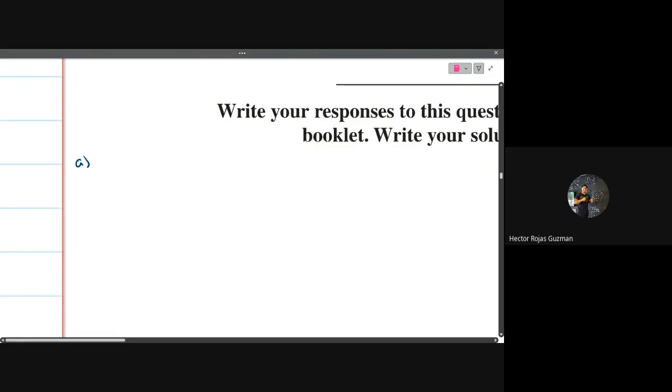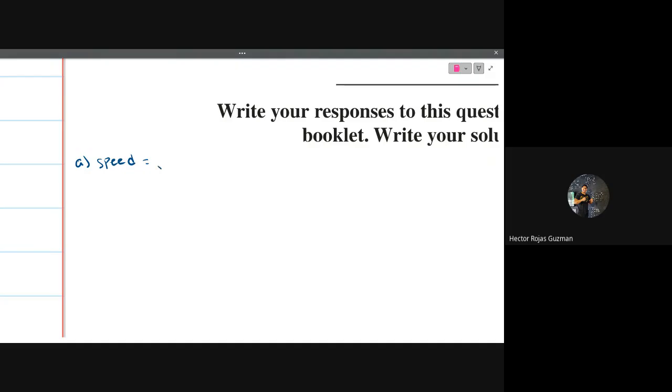So the speed of the particle, well, that's just given by the square root of x prime of t squared plus y prime of t squared. And because we're already given those, we're just going to go ahead and partially set it up. We're going to say x prime of 2 squared plus y prime of 2 squared.